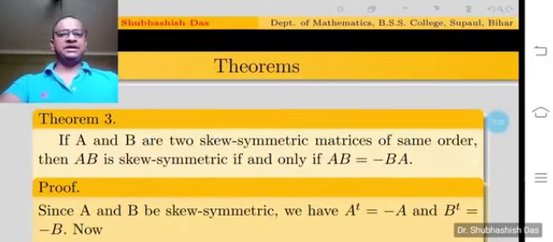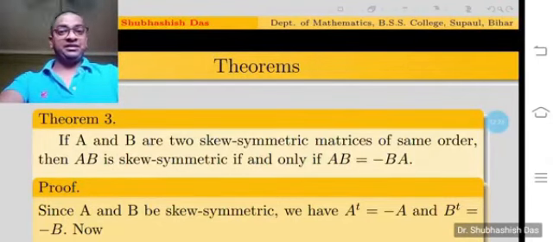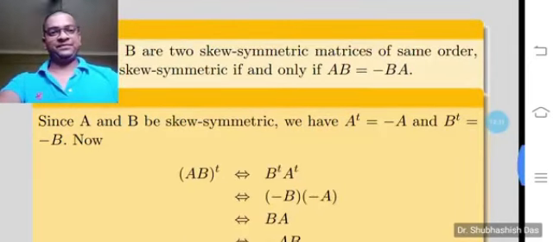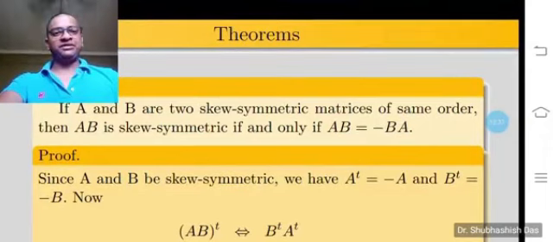Next theorem: if A and B are two skew symmetric matrices of the same order, then AB is skew symmetric if and only if AB is equal to minus BA. So what we have to prove? (AB) whole transpose is equal to minus AB, right? So let's check.